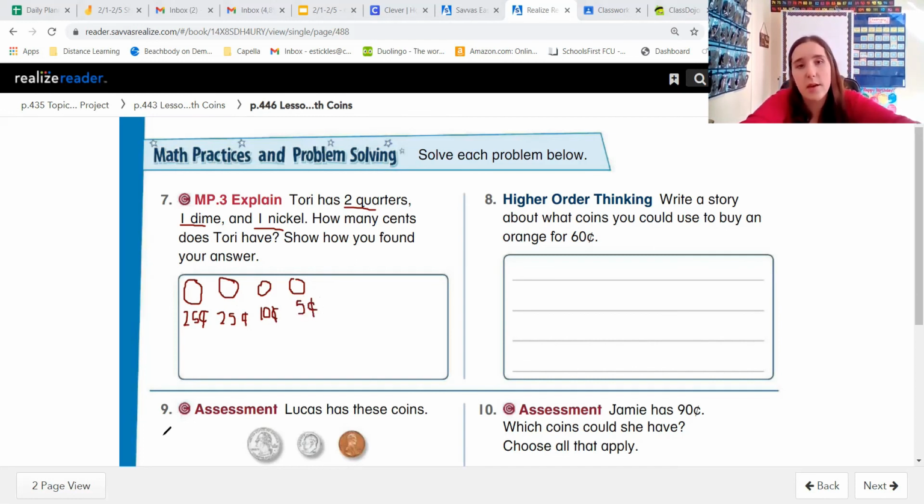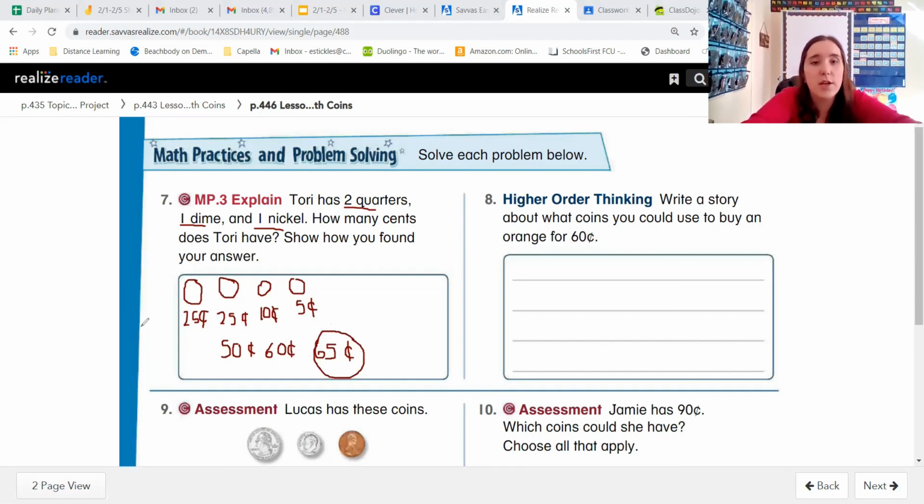Now we just have to add that up. I know 25 plus 25 is 50 cents. Plus 10 more would be 60 cents. Plus 5 more would be 65 cents. So she has a total of 65 cents.